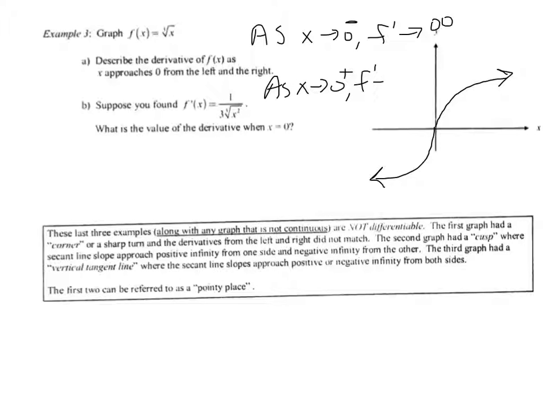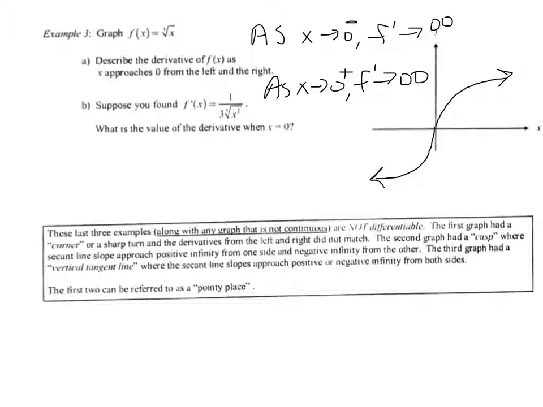What is f prime going to approach? Now we're going from this way towards 0. Again, at one point we're going to have that vertical tangent again, and so the slope there would also approach positive infinity. So now, different than example 2, they have the same sign, but they're both infinities. And that's also going to be an issue.